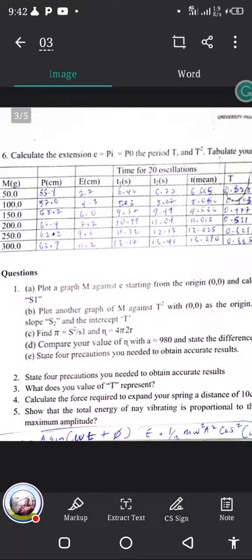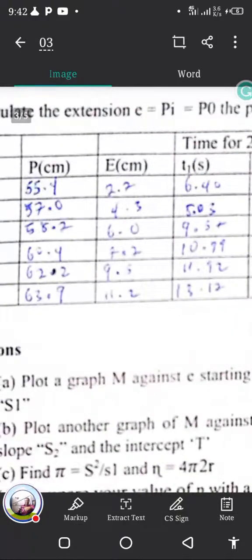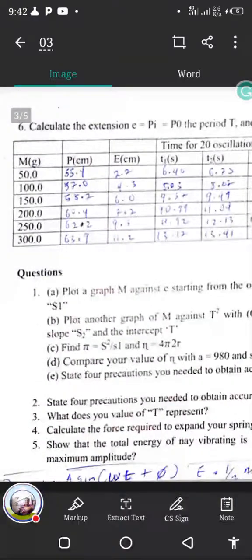So meaning that P naught should be around 53.2. If you check the mathematics, because we have 55.4, if you subtract 55.4 minus 53.2, you are going to get 2.2. So try that also for the other ones. You also get that value. That is how to get the e column, which is the extension column. Like I said, that is supposed to be small e and not capital E.